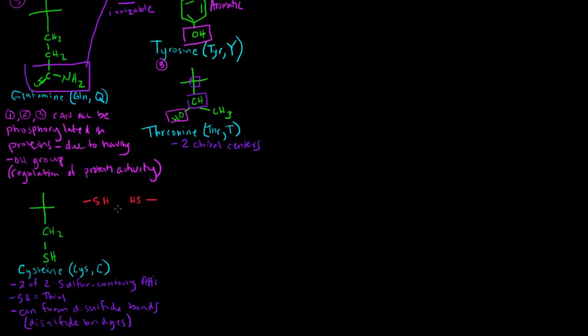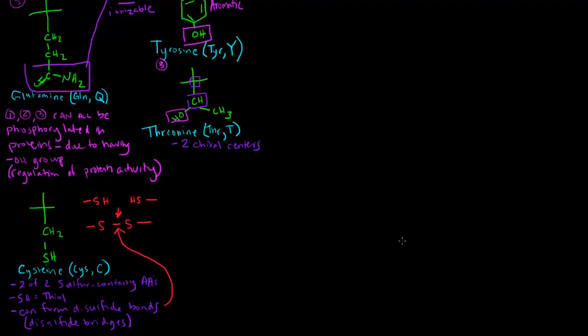What happens if they come together? If those hydrogens go away, and I'll talk more about exactly how this happens, we can form a covalent bond between the 2 sulfurs, and that actually is the disulfide bond, or the disulfide bridge. We'll talk about how it affects the protein structure and why it's important later. But I just wanted you to be familiar with these ideas. Keep in mind that cysteine is a very important amino acid to remember and to be familiar with.